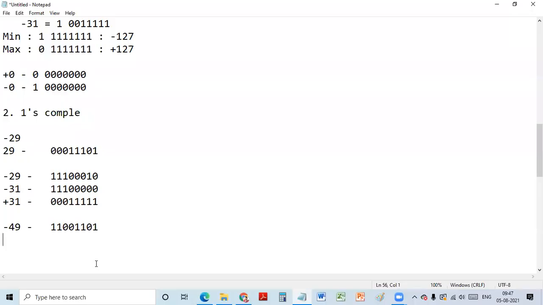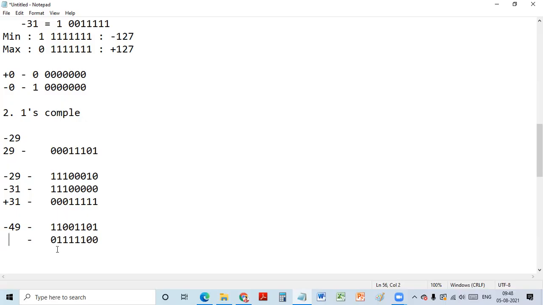See, let us suppose my number now is 0, 1, 1, 1, 1, 1, 0, 0. So what is its value in decimal? 2 power 6 plus, or else I can say from here, 2 power 7 minus these 2, which is 3, minus 4. 2 power 7 is 128, minus 4, 124.